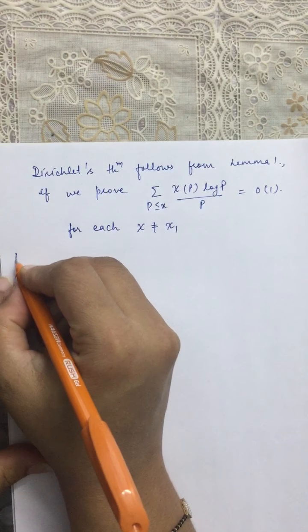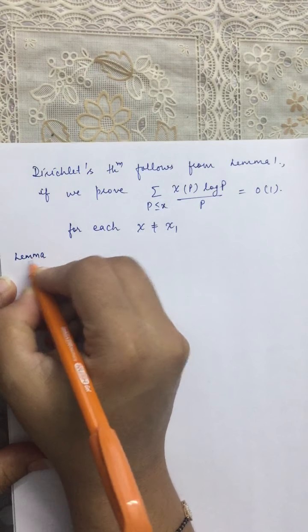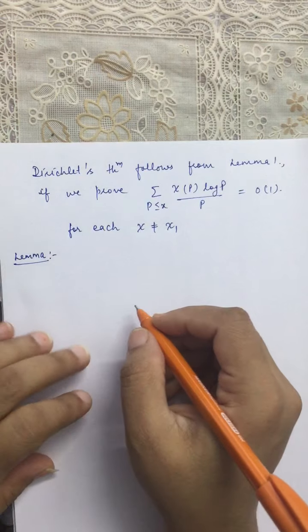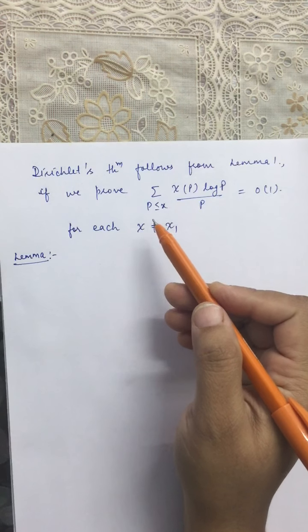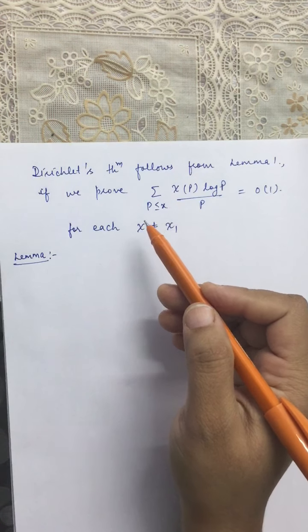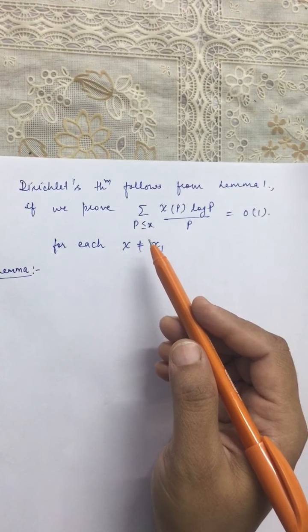And now we have this next lemma. In the next lemma we will express this summation over primes as a summation over integers. Now this sum is a summation over the primes p less than or equal to x. So we will convert this summation into a sum over the integers n less than or equal to x.